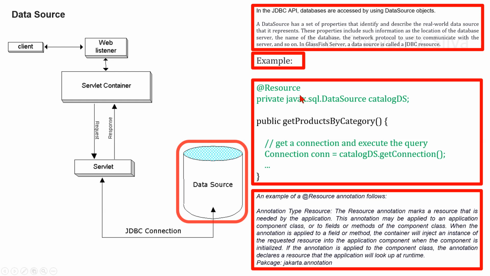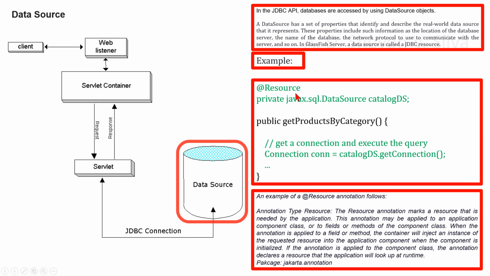The container will inject an instance of the requested resource into the application component when the component is initialized. If the annotation is applied to the component class, the annotation declares a resource that the application will look up at runtime.